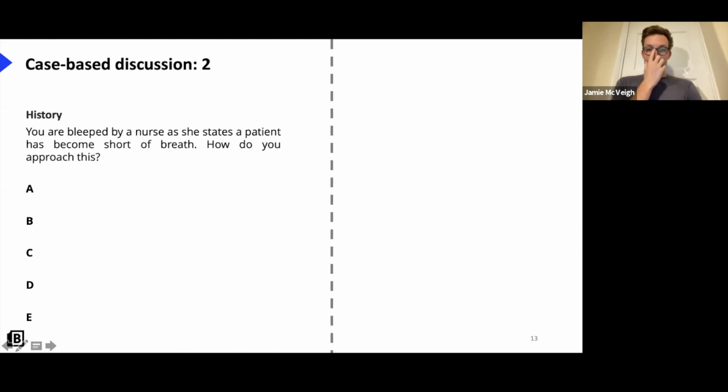But in this scenario, if they've got unilateral consolidation, I think, or unilateral reduced breath sounds or crackles, then I think hospital-acquired pneumonia is the most likely. If they had bilateral crackles, it'd be very reasonable to think about heart failure, so some pulmonary edema.